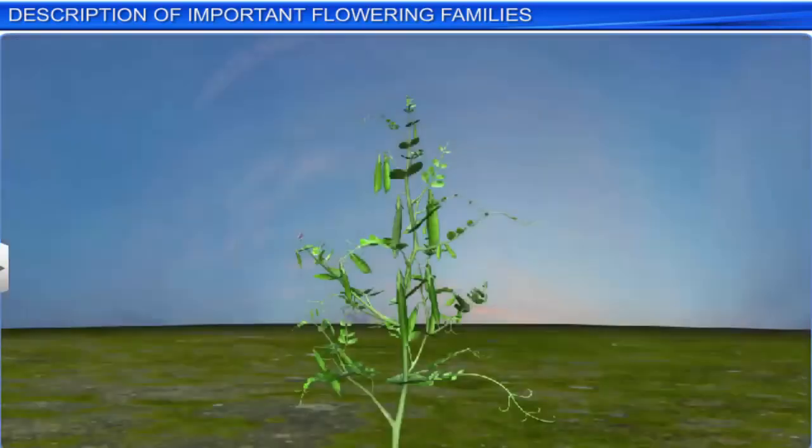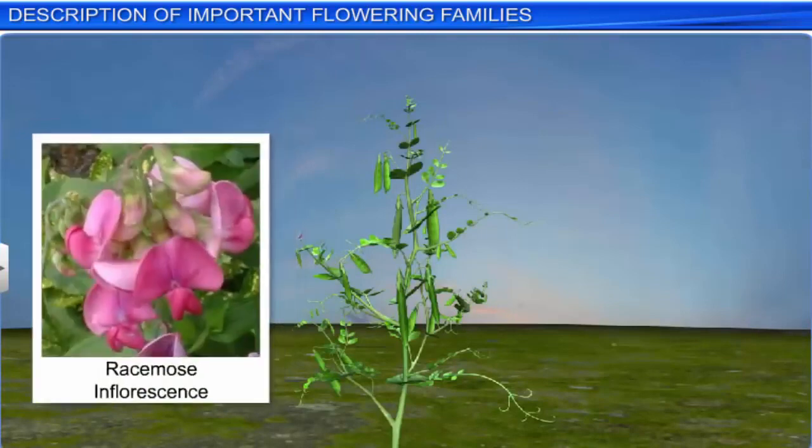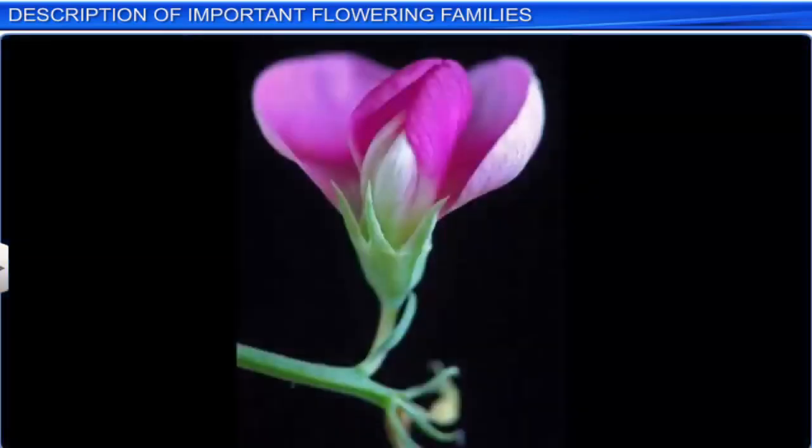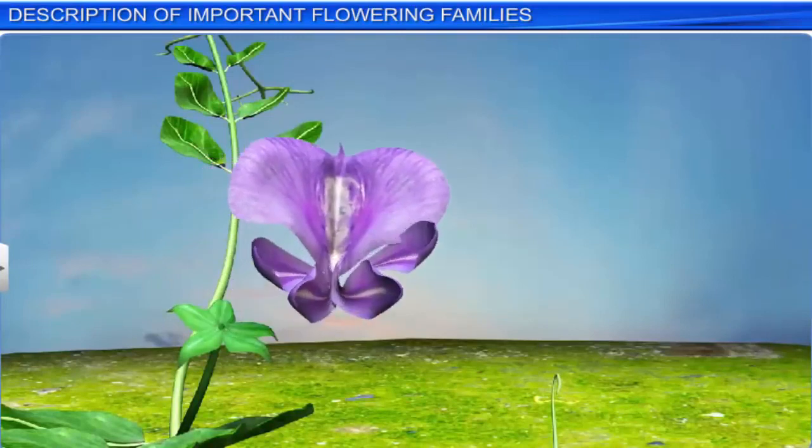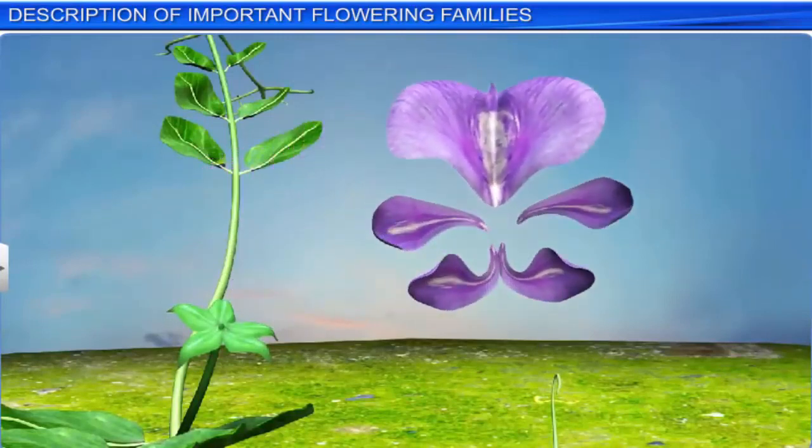The flowers are arranged in racemose inflorescence and are bisexual and zygomorphic. The calyx has 5 sepals that are gamosepalous with imbricate or valvate aestivation. The corolla has 5 petals and is polypetalous.